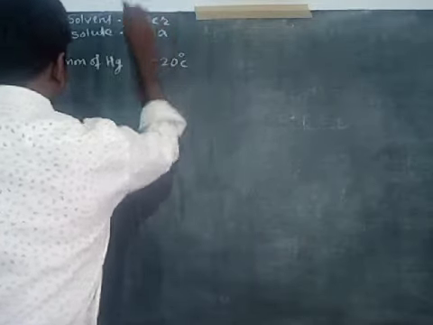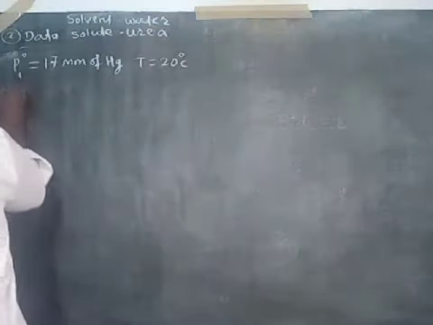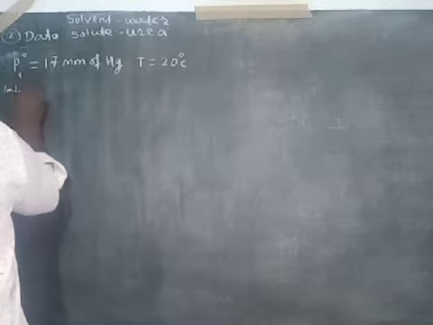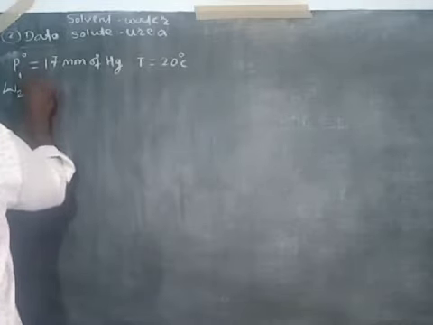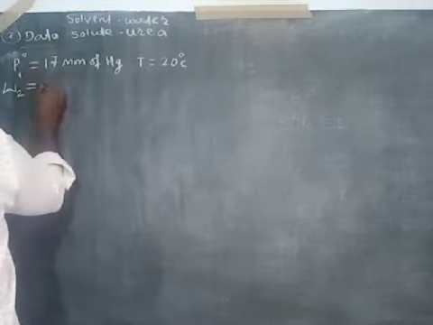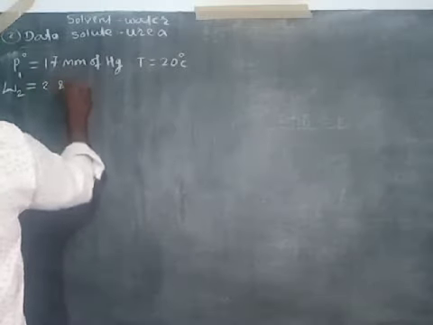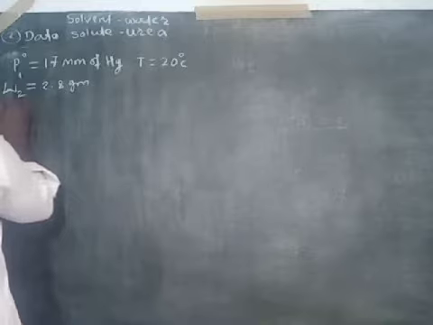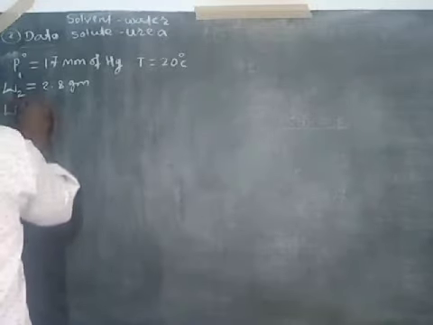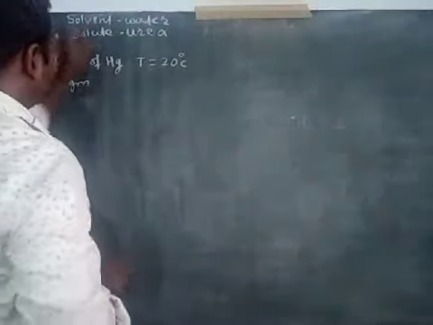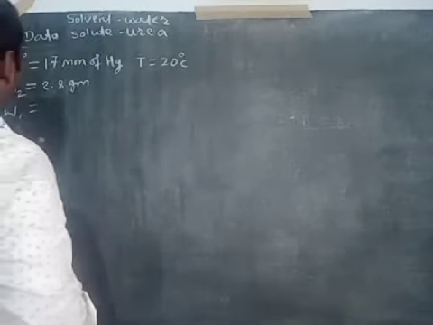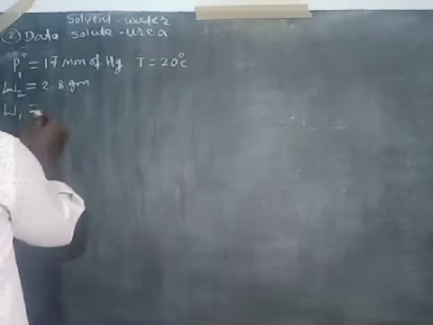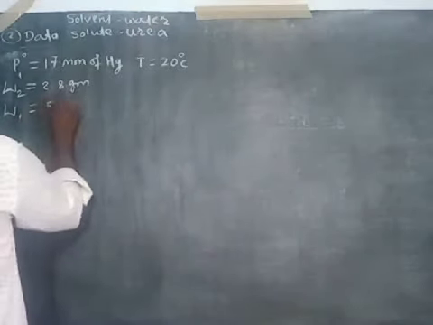The mass of the urea, that is the solute, which is represented as W2, is equal to 2.8 gram. And the mass of water, that is the mass of solvent, which is represented by W1, will be 50 gram.